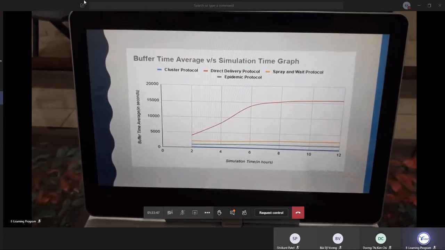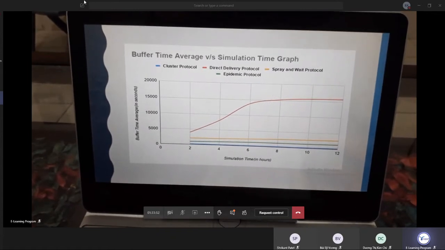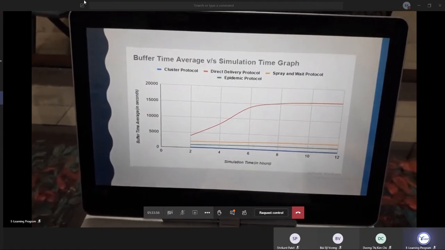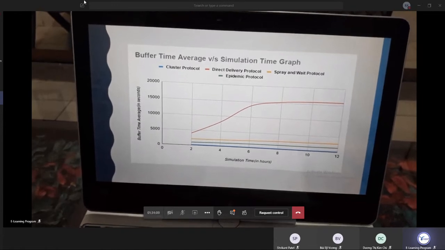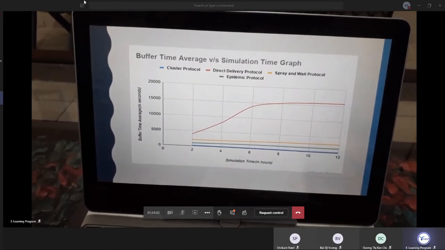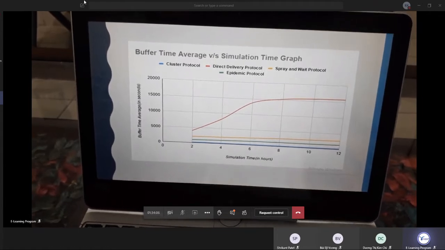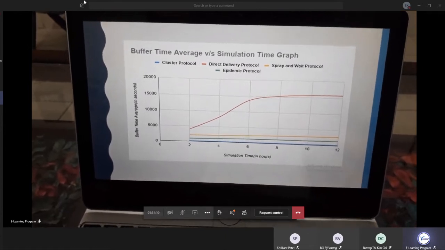Here, the buffer average time is in seconds and simulation time is in hours. Direct delivery protocol gives the maximum buffer time average, and cluster protocol produces the minimum buffer time average.